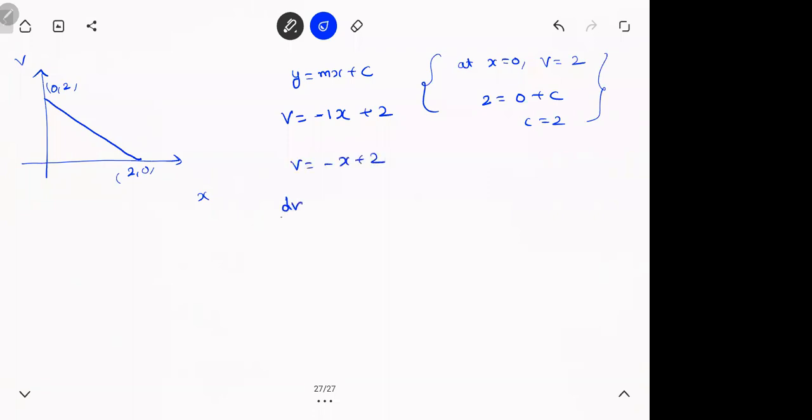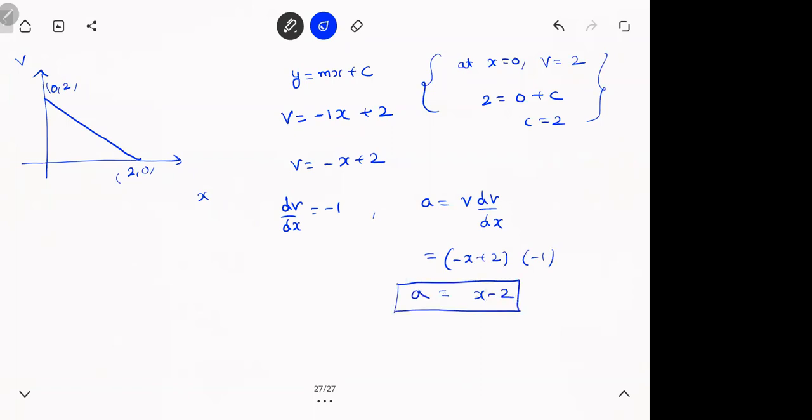So what is dv by dx? Slope, that is -1. So what is the acceleration? V dv by dx. So that will be minus x plus 2 into -1. So that is x minus 2. That is your acceleration ka equation. This is how you do it normally. So plot this Ax graph. Positive slope, and if you see, it's a negative intercept.